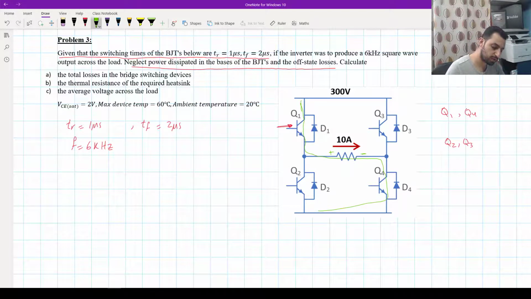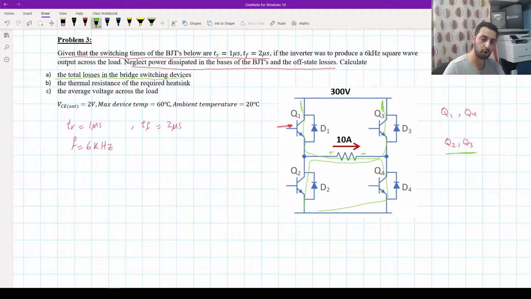Now when we go to the second pattern, switches 2 and 3 will switch on, and the current will go through Q3 in the reverse direction and then through Q2. So this is how the current will go through this circuit. Now it asks what is the total losses in the bridge switching devices. Is there any problem for switching this resistive load? The answer is no, because it accepts any change in current.